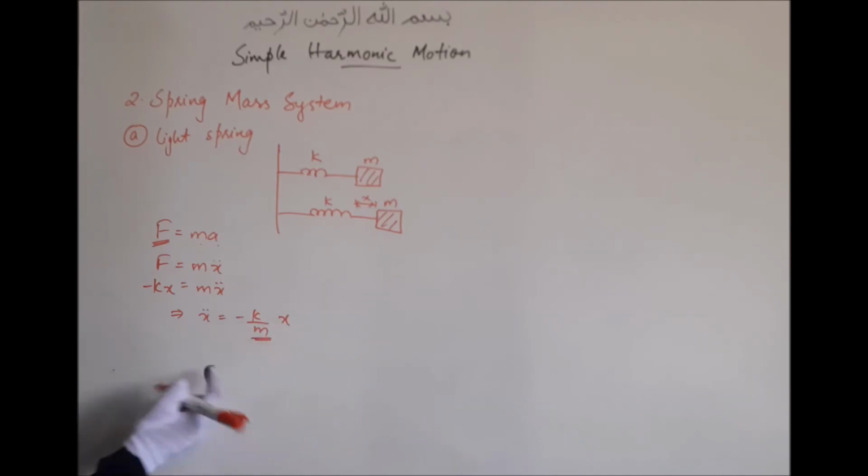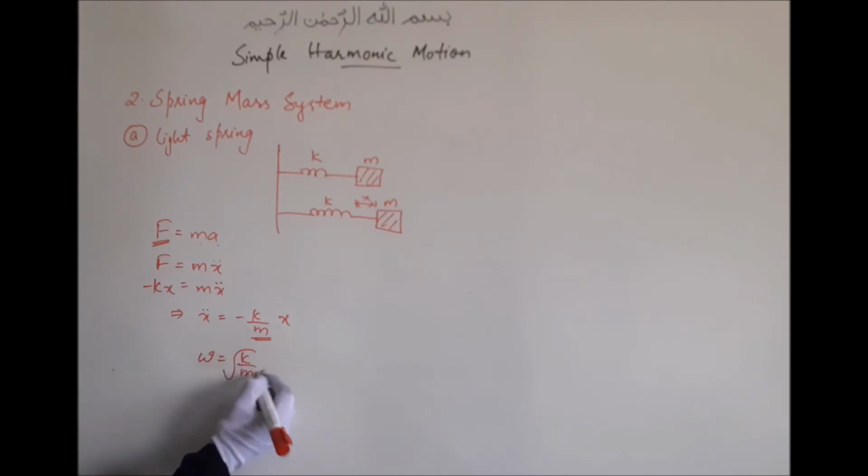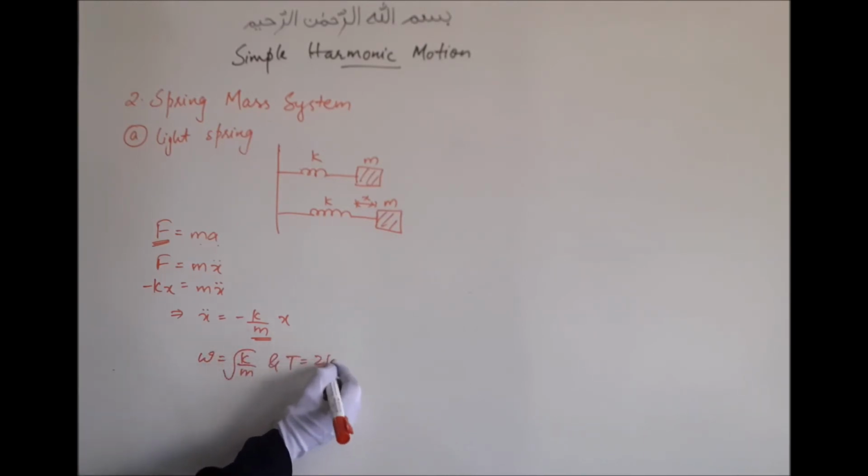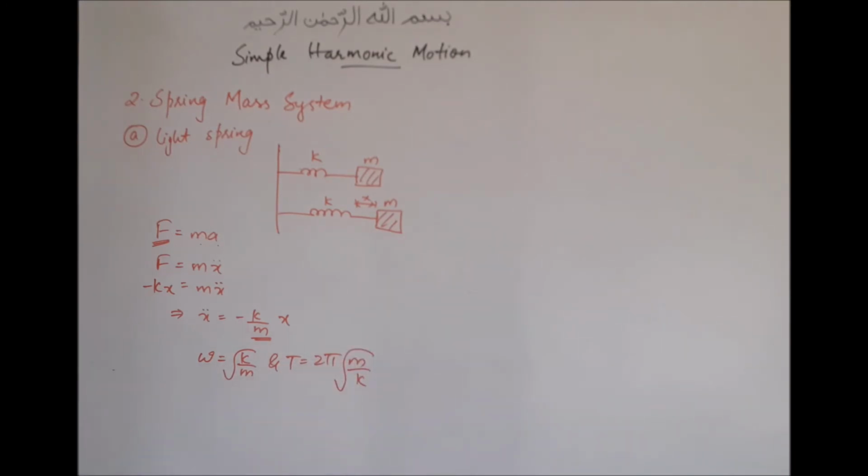Now this equation is again that of the simple harmonic motion, and then again we'll have omega is equal to root k by m, and time period T is equal to 2 pi by omega, which is 2 pi root of m by k. This was pretty simple when we consider a light spring.